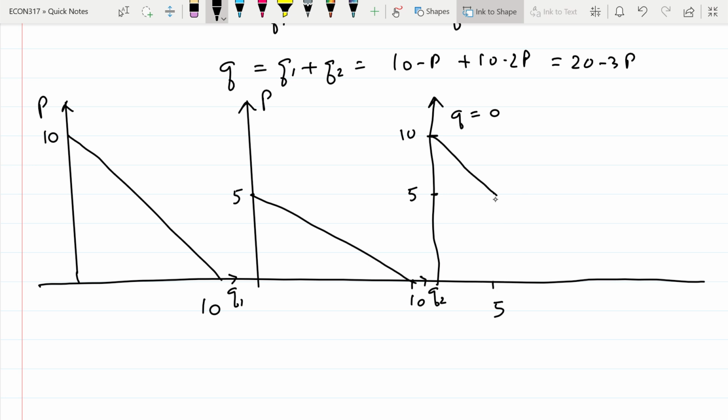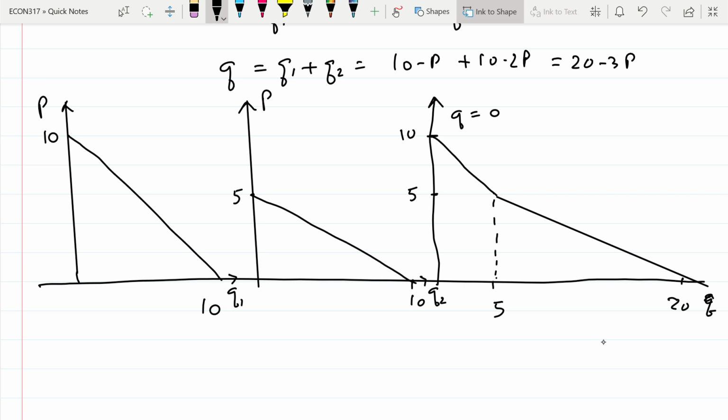But as we go below $5, both the buyers are participating, and together they buy 20 units. So there is a change in slope at price equal to $5. It was steeper to the left, flatter to the right, and I have quantity Q, which is the aggregate quantity in this market. So this is the way we are able to calculate the aggregate demand.